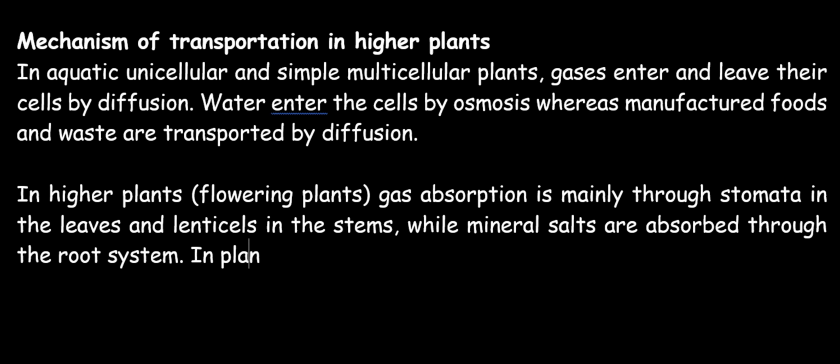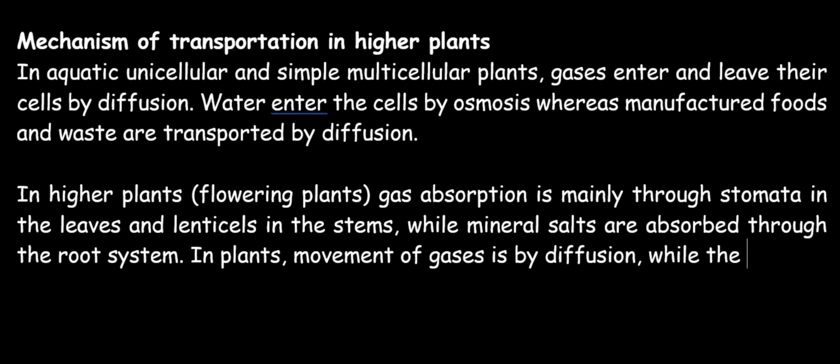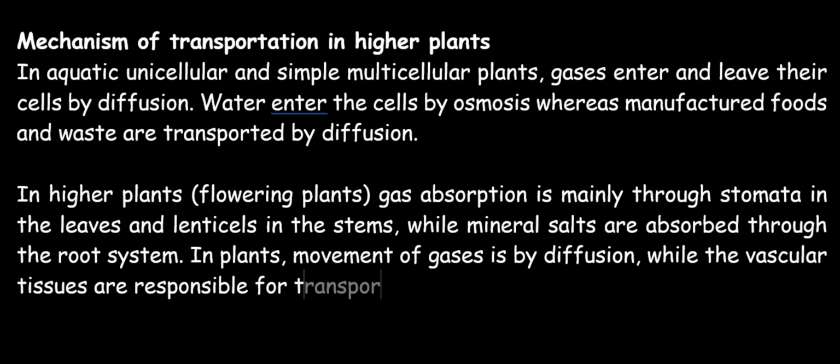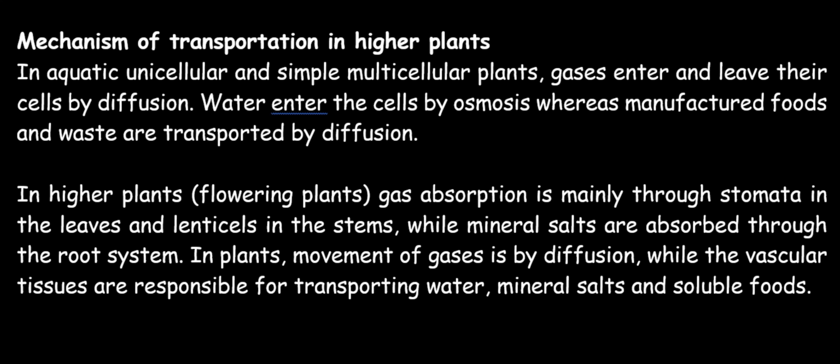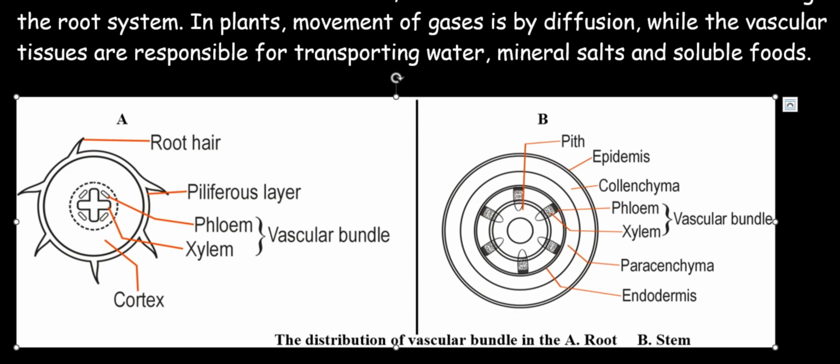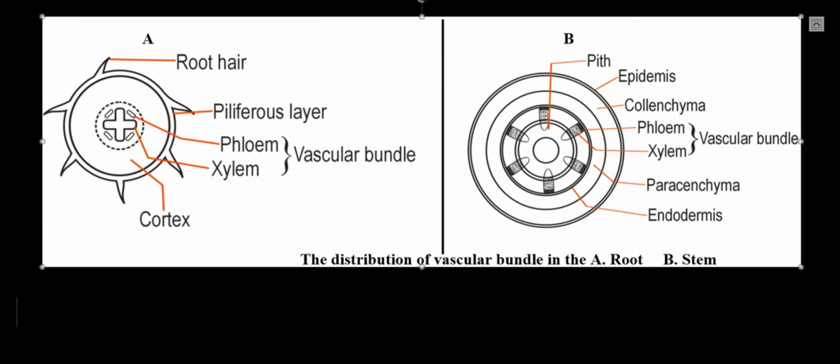In plants, movement of gases is by diffusion, while the vascular tissues are responsible for transporting water, mineral salts, and soluble foods. I will show you another diagram of the distribution of vascular bundles in the roots and in the stem. And this time it is going to be labeled. So we can see the diagram there.